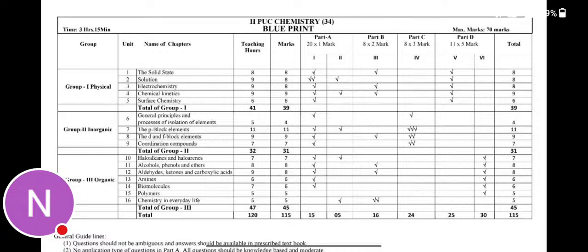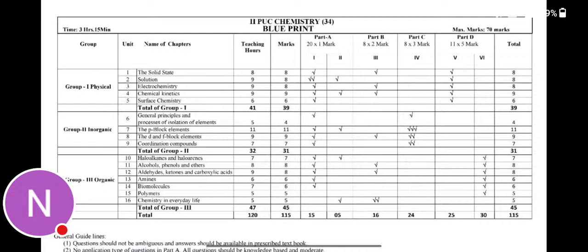And 1 mark questions are also easy, and 3 and 2 marks questions are also easy, so 8 marks you can get easily from the solid state. And you can easily get marks from other chapters like amines, biomolecules, polymers, chemistry and everyday life. So if you try these chapters, you can get passing marks.